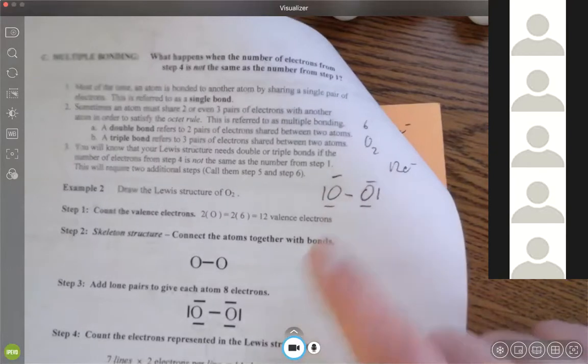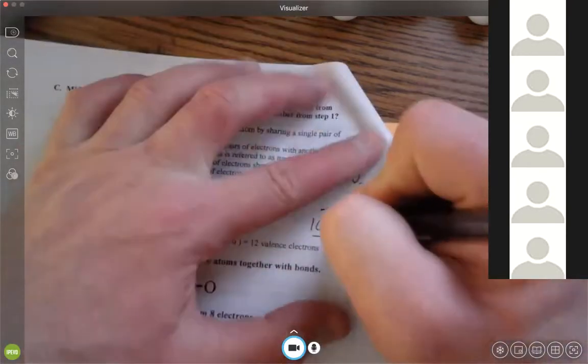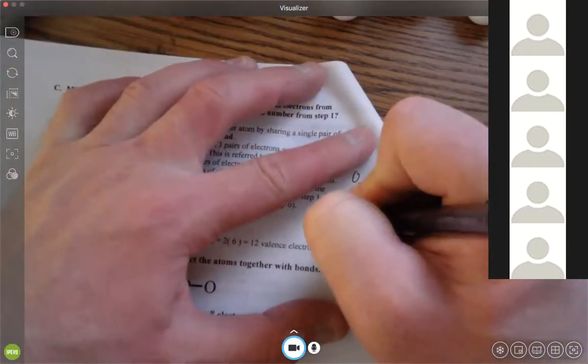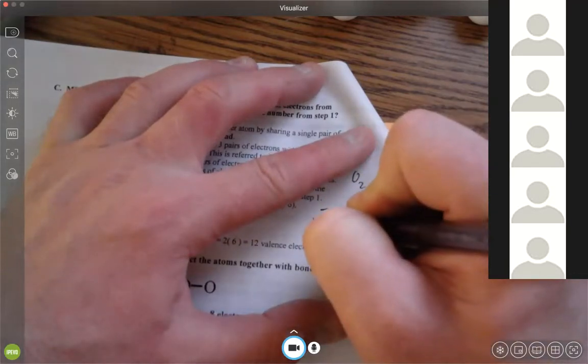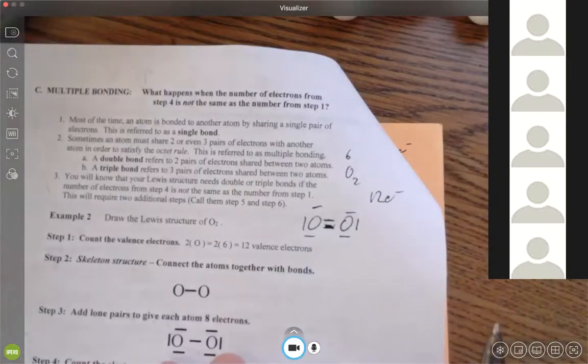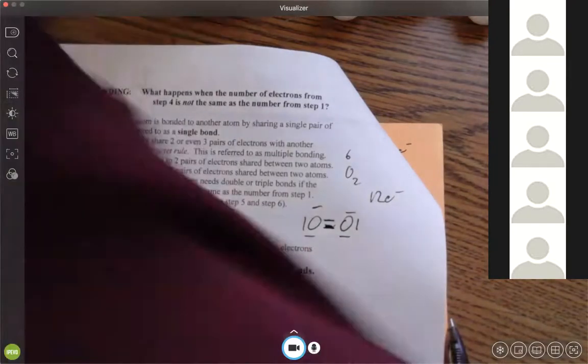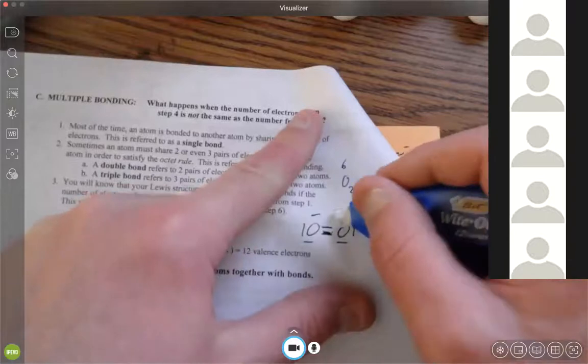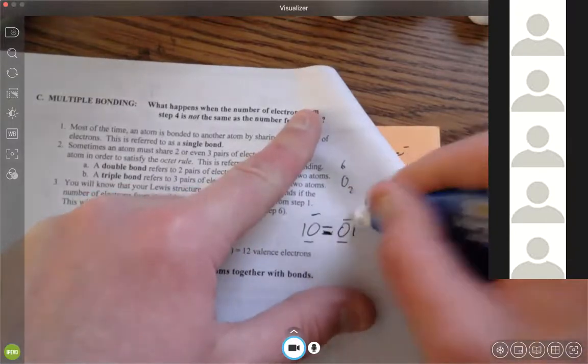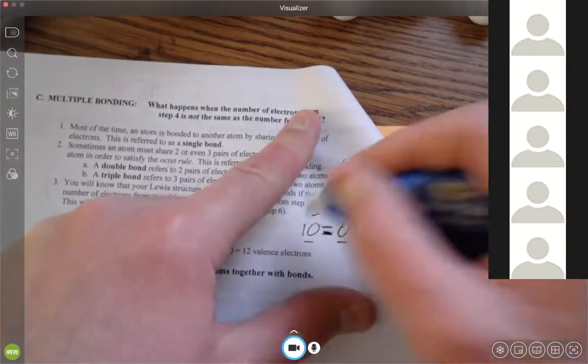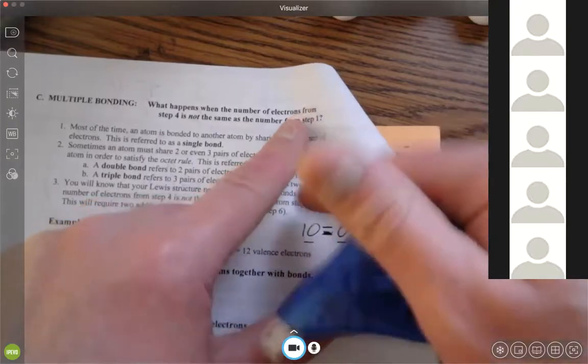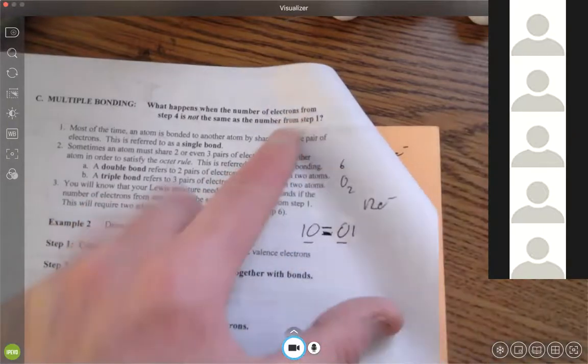If I make a double bond here, so there are 2 lines between them, I can take a pair of electrons from this one and this one. Because now I have 2, 4, 6, 8 and 2, 4, 6, 8.